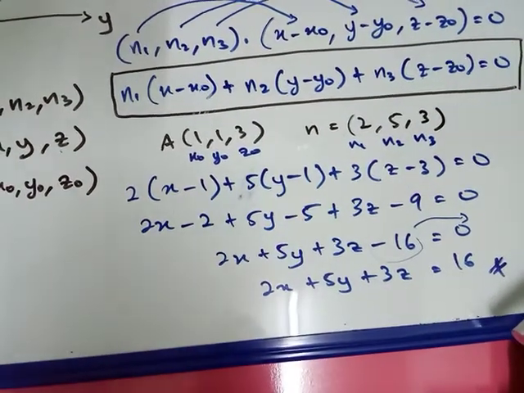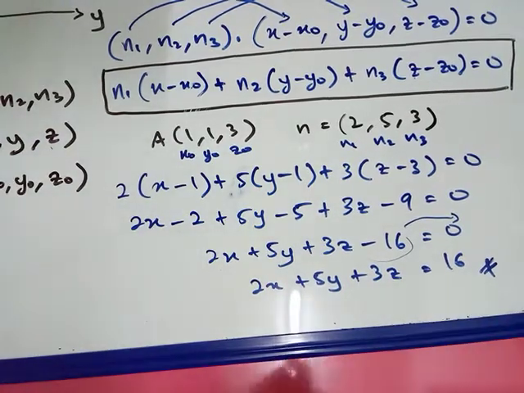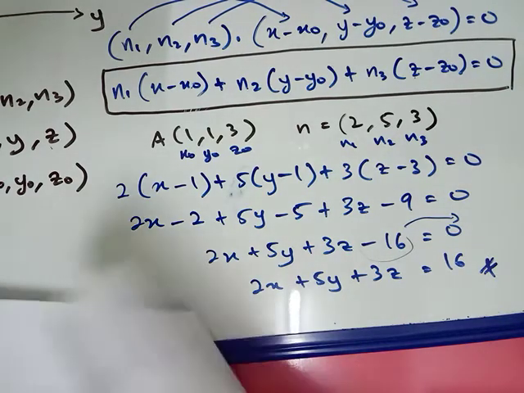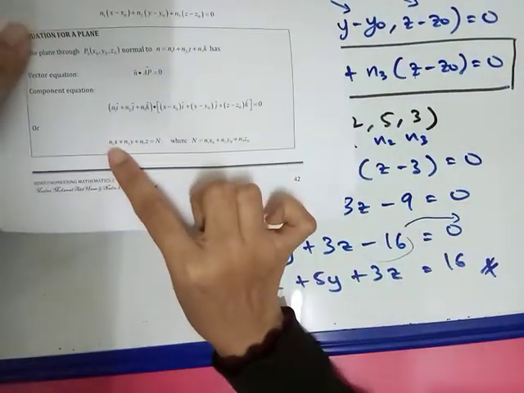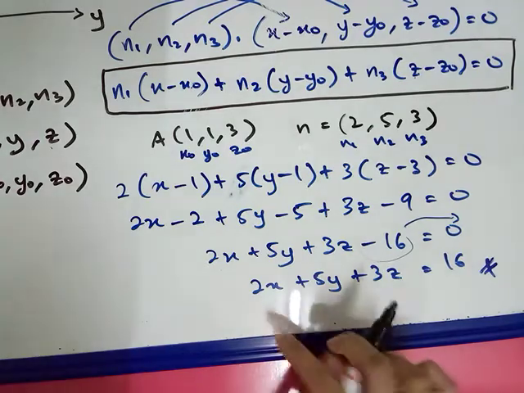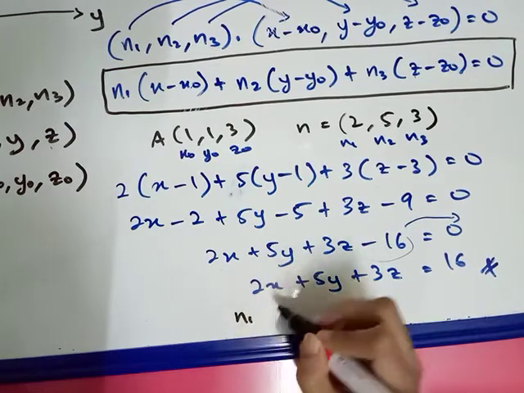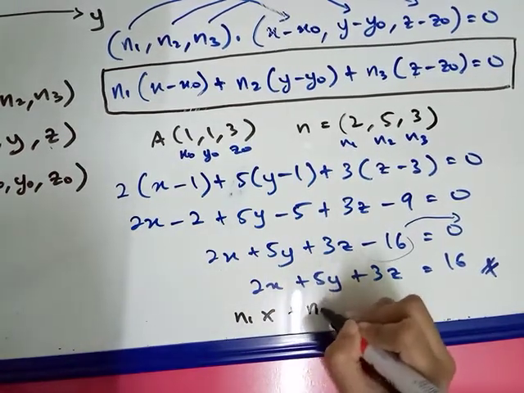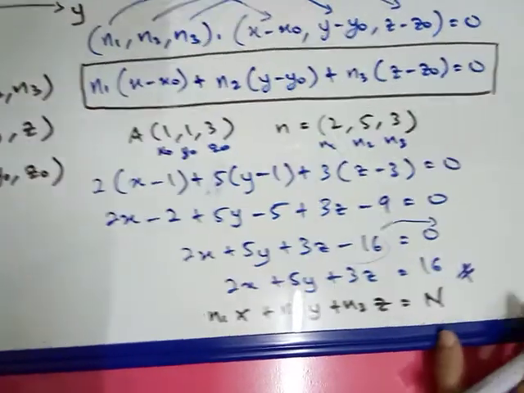Can you see it? 2x plus 5y plus 3z equals 16. If you look at the notes, the last equation, n1x plus n2y plus n3z equals n, is the equation for the general form from earlier.